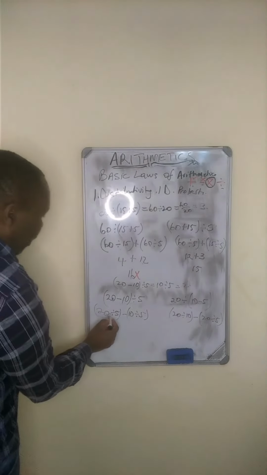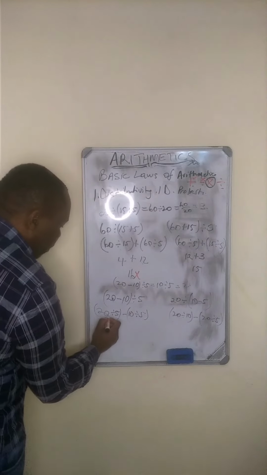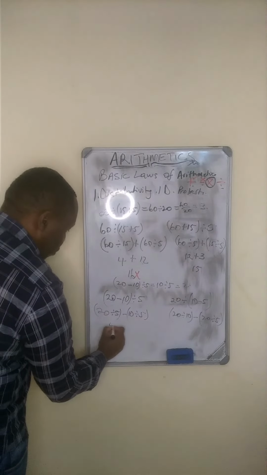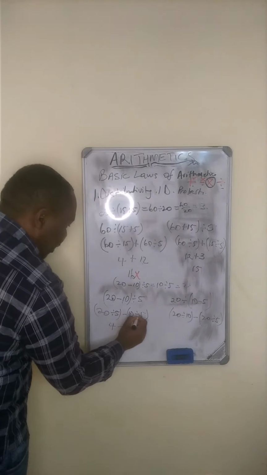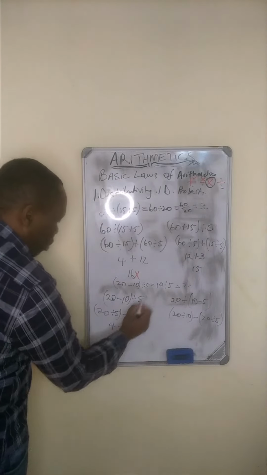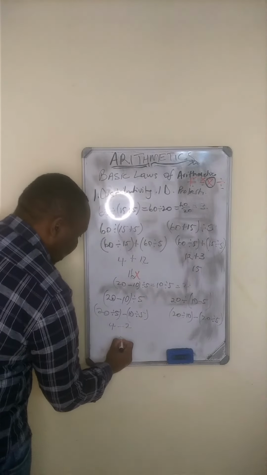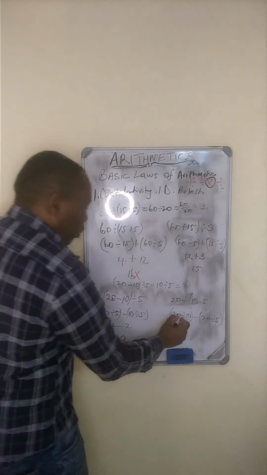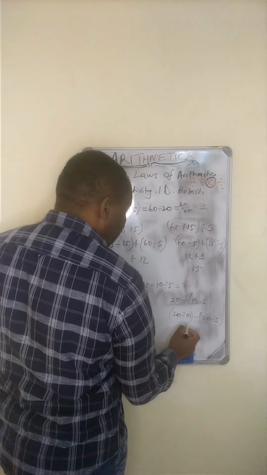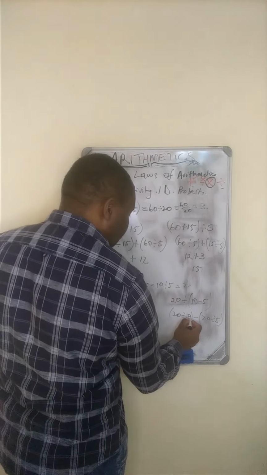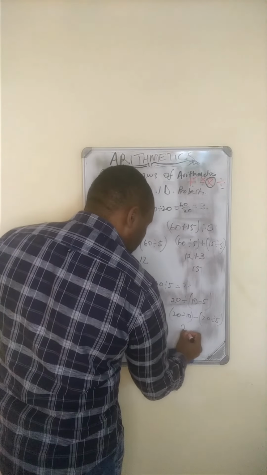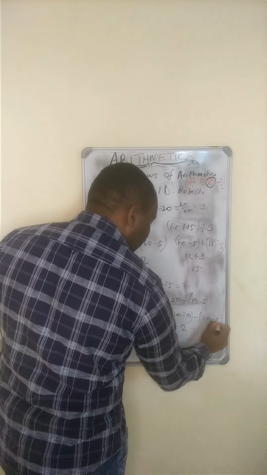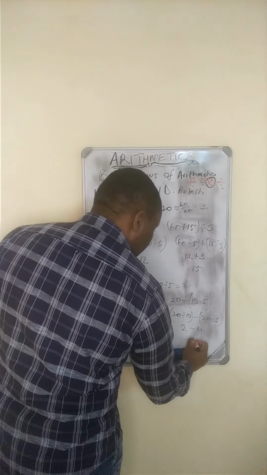So we come here, 20 divided by 5 is a 4, minus 10 divided by 5 is a 2. 4 minus 2 gives us a 2. 20 divided by 10 is a 2, minus 20 divided by 5 is a 4. We get a minus 2.